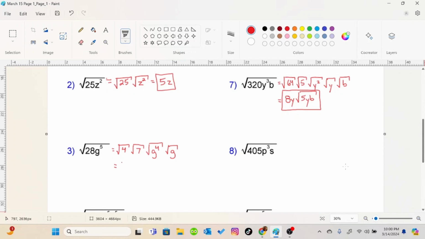Square root of 4 is 2, and square root of g to the fourth is g squared. And now we can combine the 7g under the radical. And our final answer is 2g squared, square root of 7g.